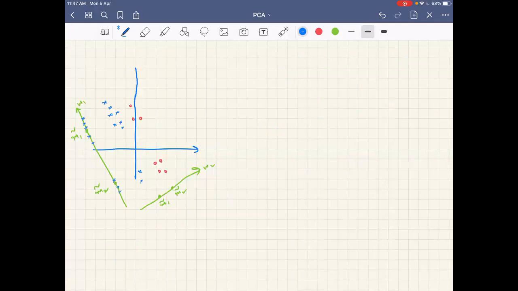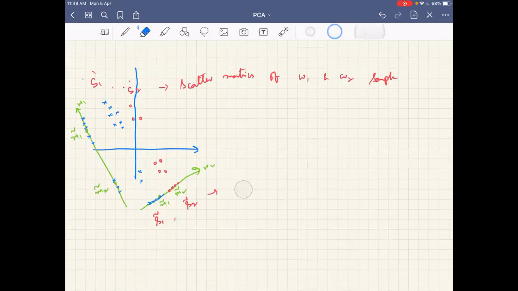S1 is the scatter matrix of class 1 samples. S1, S2 be scatter matrices, and then S1 tilde square and S2 tilde square scatter matrices are variances of samples in the projected direction. A scatter matrix in one dimension is nothing but variance.